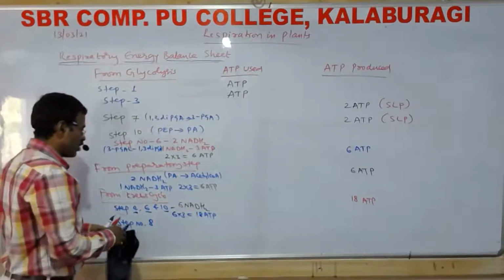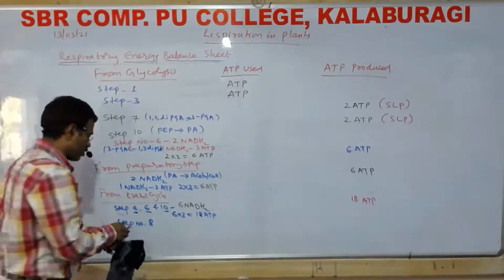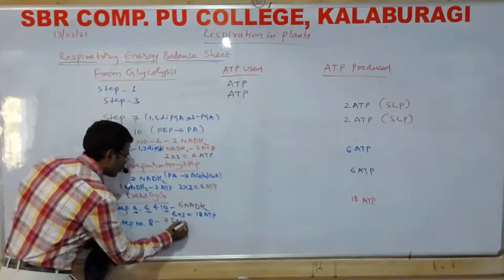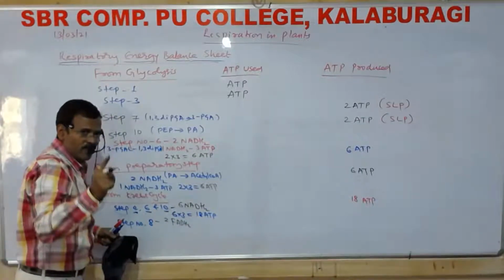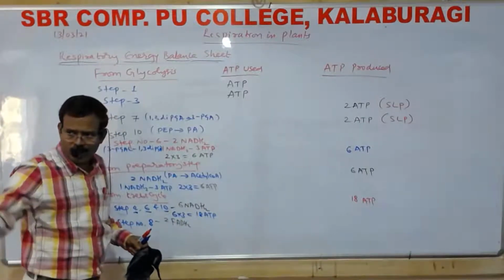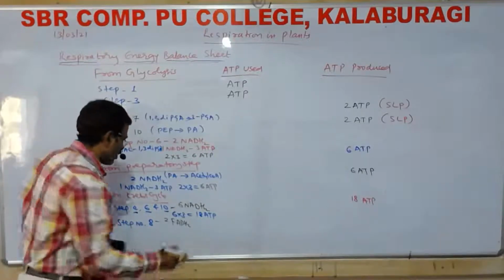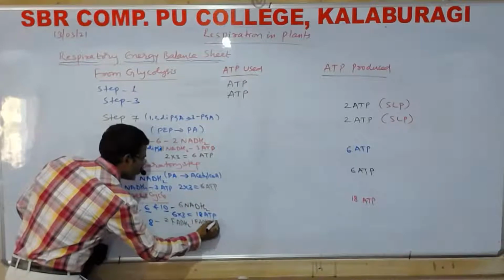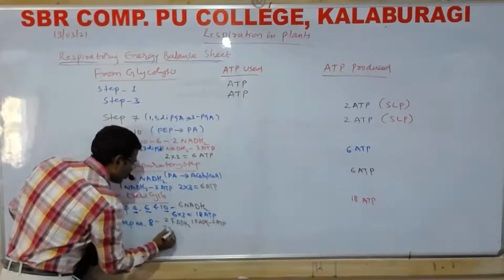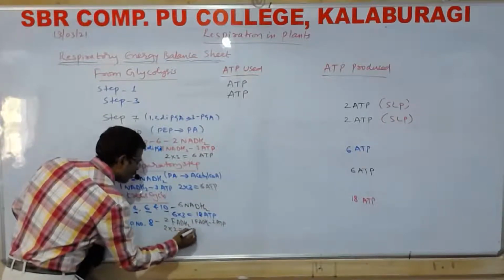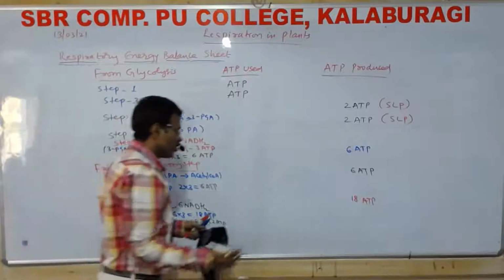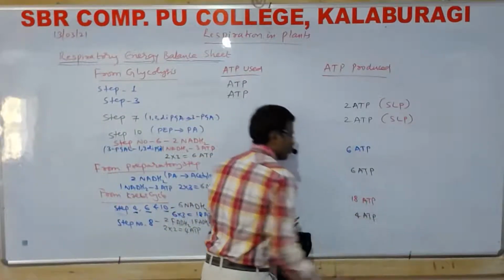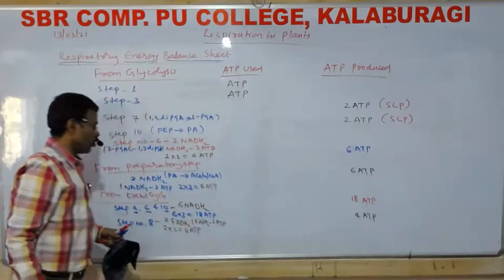So there how many FADH2 are produced? 2 FADH2 are produced, right? 1 FADH2, how many ATP? 1 FADH2 yields 2 ATP. Means 2 into 2, how many ATP on the oxidation of FADH2? 4. So you write here 4 ATP.